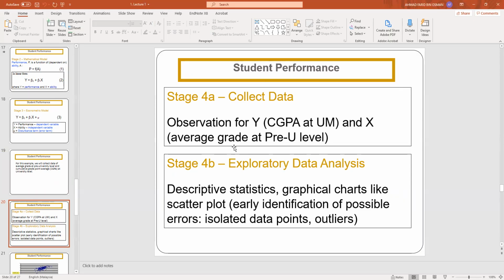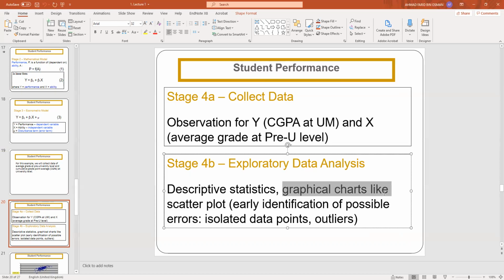and X is the average grade at pre-U level, and then perform exploratory data analysis using both descriptive statistics as well as graphical inspection. For descriptive statistics, the numerical analysis, you inspect, for example, the minimum and maximum value of each variable, and then the variance, standard deviation, and so on.